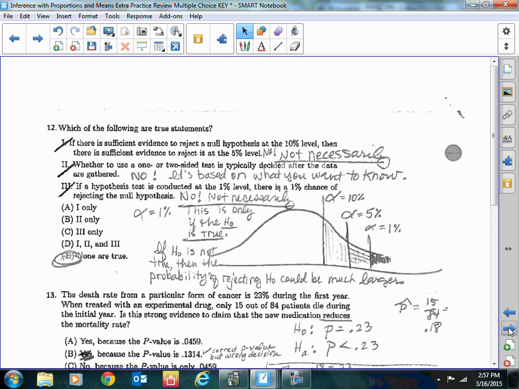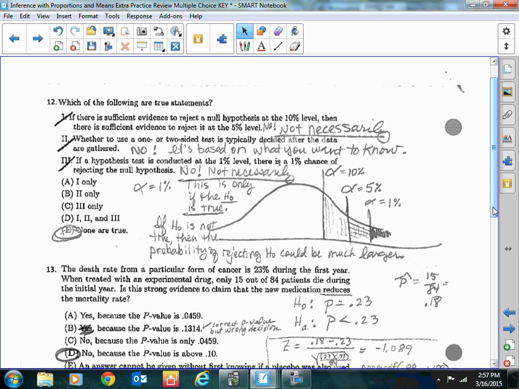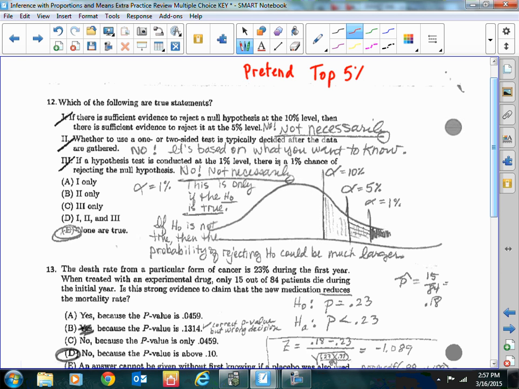All right, now what I want you to think of when you think about number 12 is, first of all, let's pretend that you are in the top 5% of your class. Okay? And so in order to get into a particular university, you need to be in the top 5%. Well, so you're in the top 5%. What happens if you have a university and they say, oh, you just need to be in the top 10%?